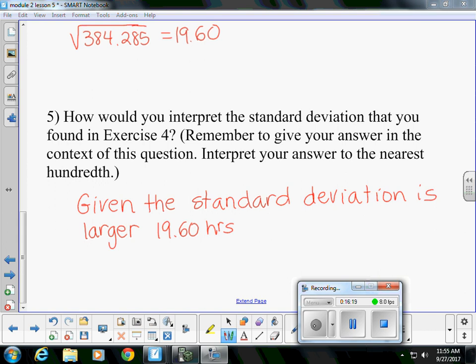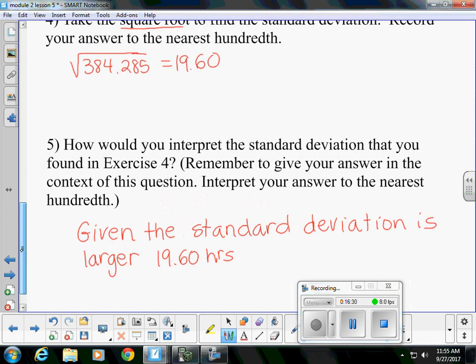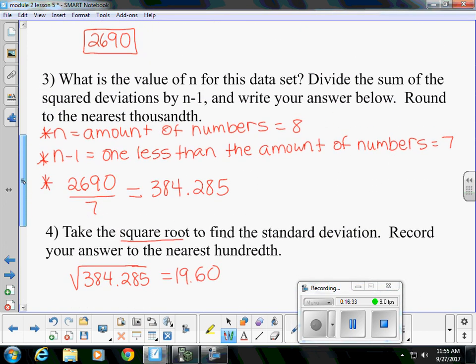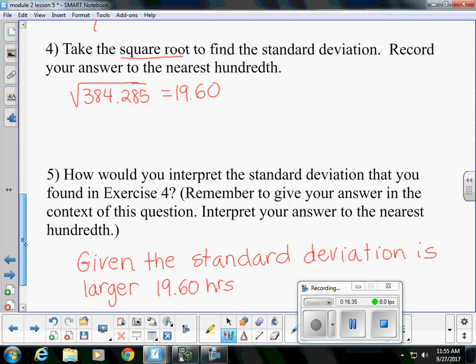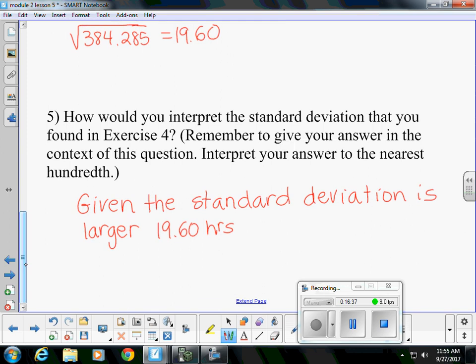Well, 19.6, so that's almost 20 hours. You could expect a battery to last anywhere from, let's see, there could be a 20-hour difference between the battery life.